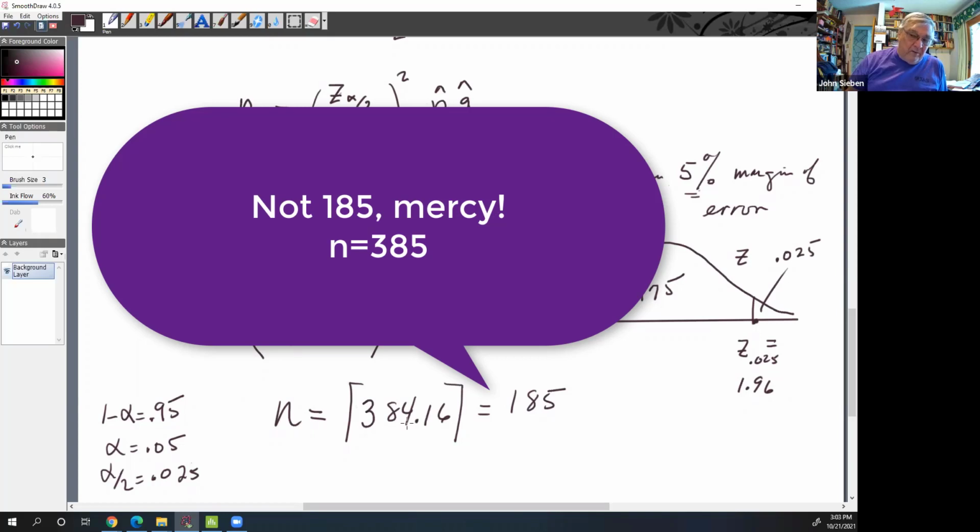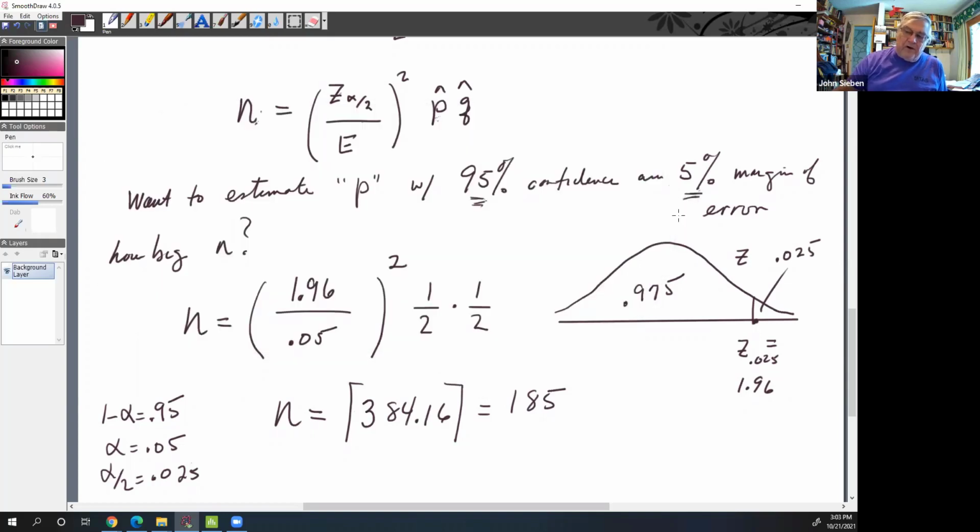This will make n maybe a little bit bigger than what I need, but I know I'll be able to get 95% confidence with a 5% or less margin of error if I take n as big as 385 people or whatever objects it is we're dealing with in this example. So that is solving for n.